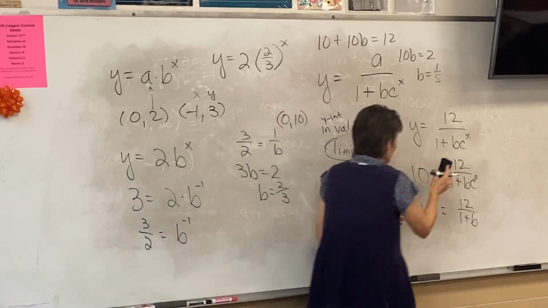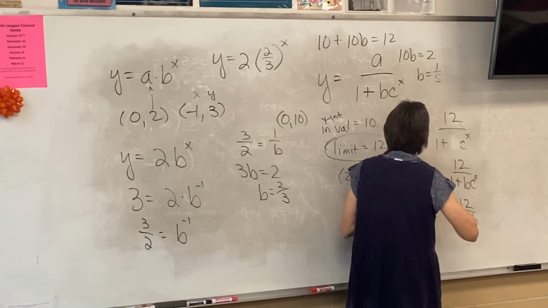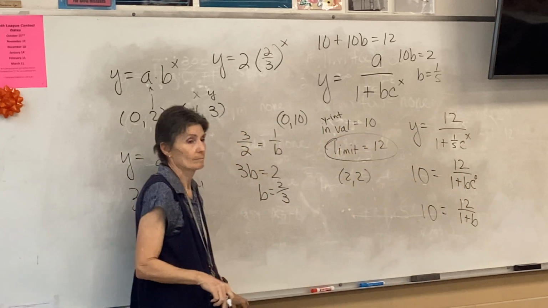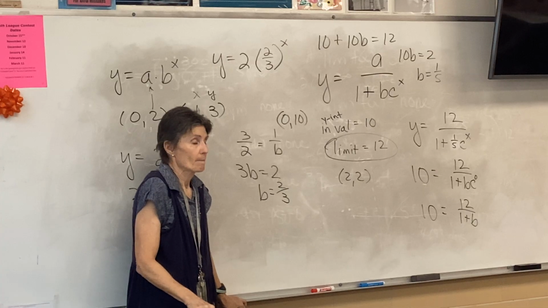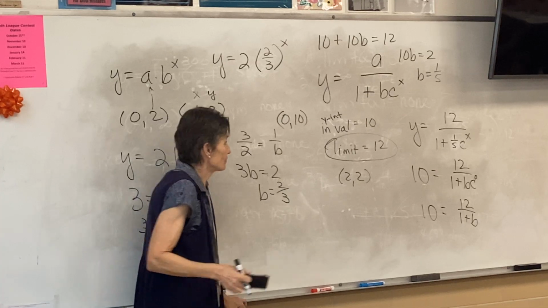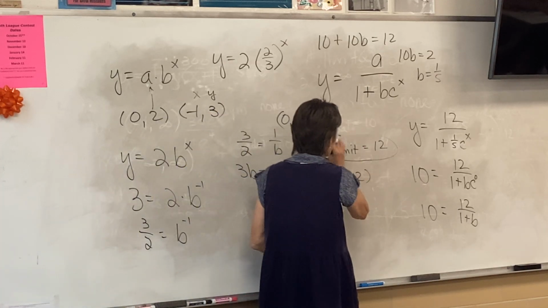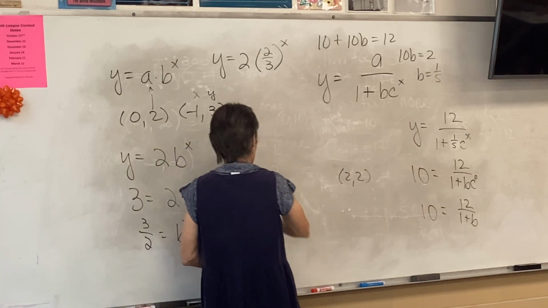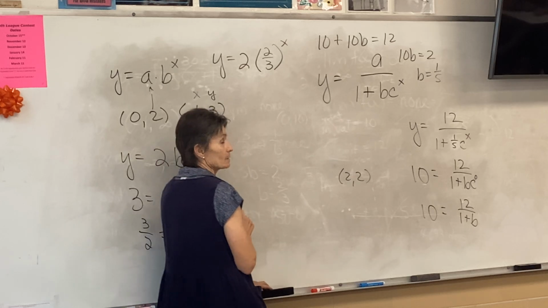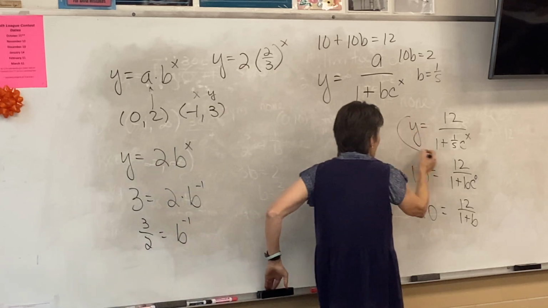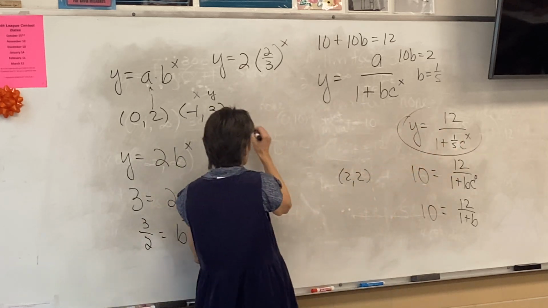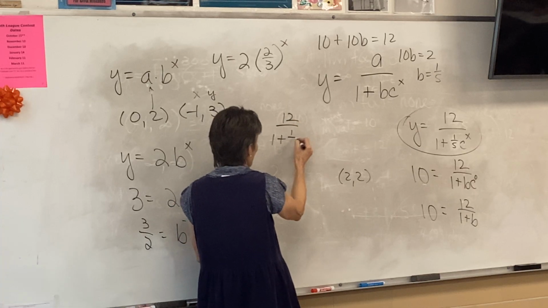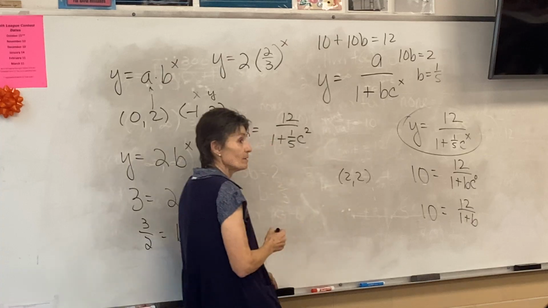So now I'm going to put a 1/5 right here, because that's B. So I've done the initial value, I've done the limit to growth, the only thing left is that point. So 2 equals 12 over 1 plus 1/5 C squared.